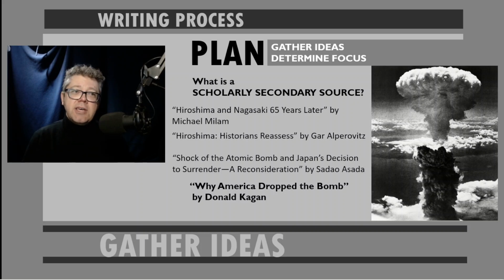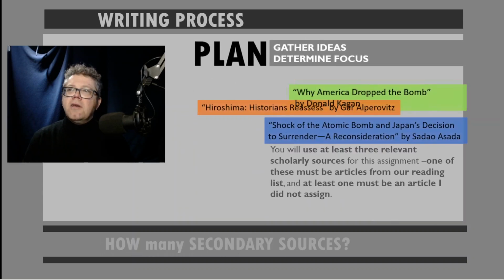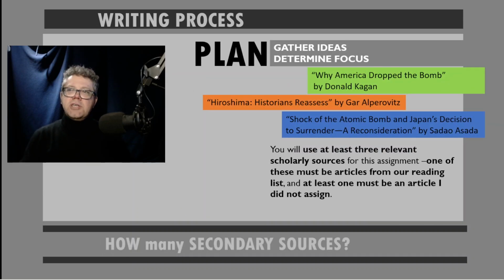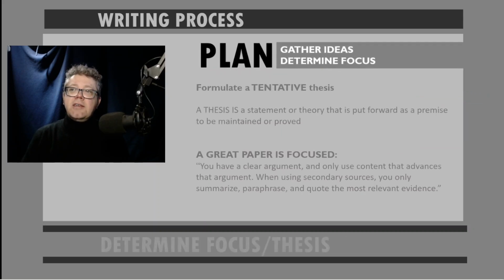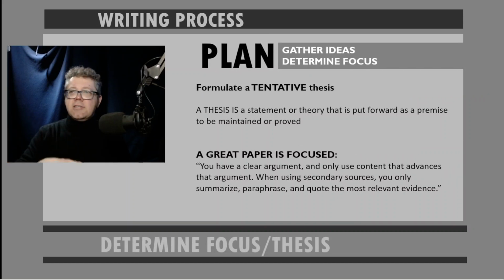And especially once you bring Kagan into that conversation, as you'll see. So using those sources, we just stack them, right? And for this assignment for my students, you have to go and find one more. So maybe you're just working with Alperovitz, maybe you're just working with Kagan and Asada, and then you go and you find another voice to bring to that.